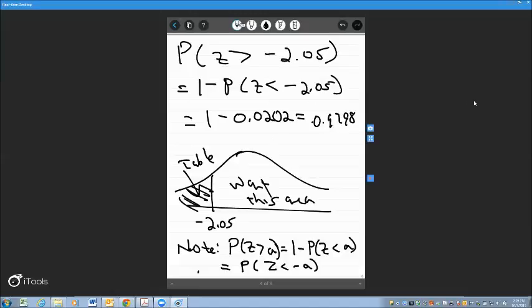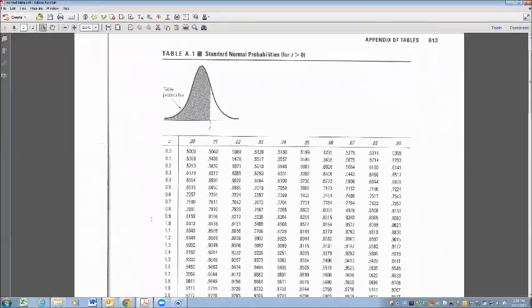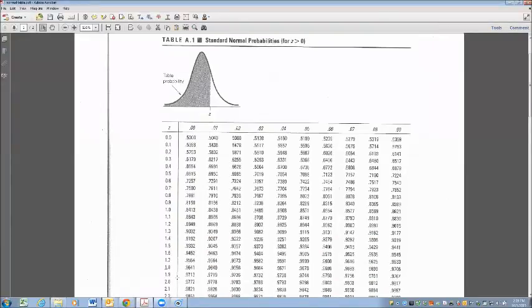So for this example, the probability of being bigger than minus 2.05 is the same thing as the probability of being less than positive 2.05. I can go to my table and read it off, and if I look at positive 2.05, you can see the 0.9798 right there.